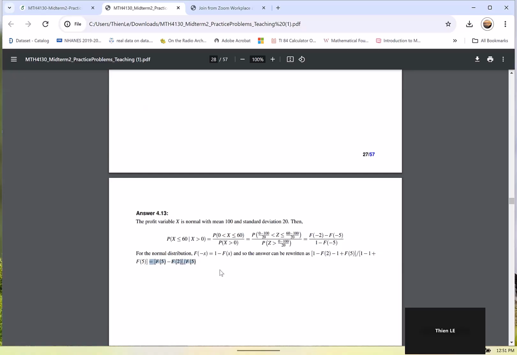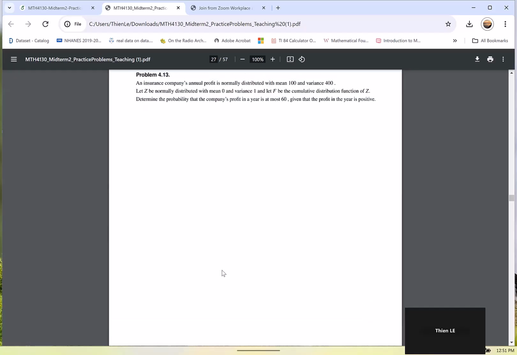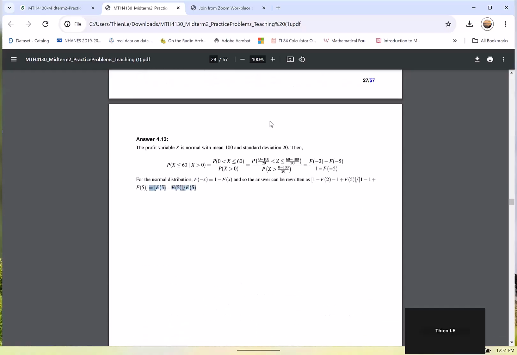If you have the TI, you can also calculate this explicitly, but here we want to write it in terms of the F. So this is how you write your probability: F5 subtract F2 and divide by F5.